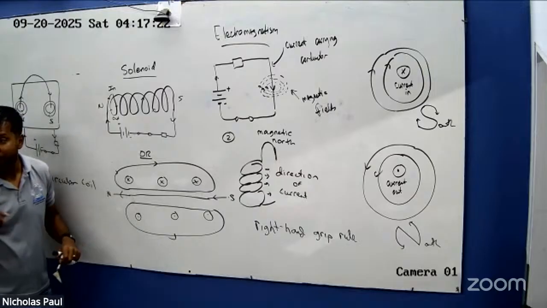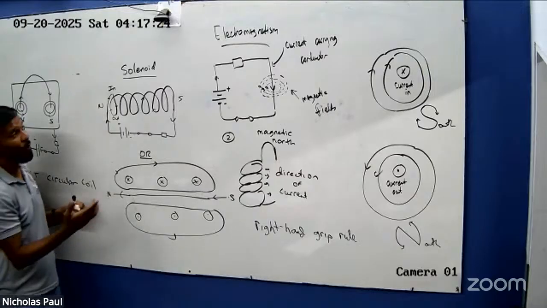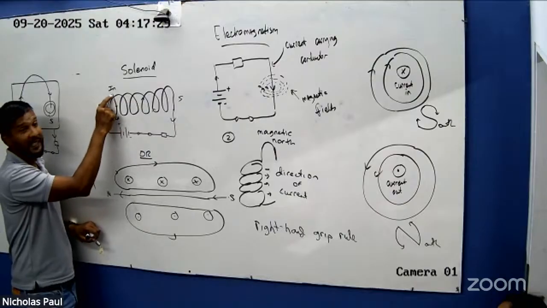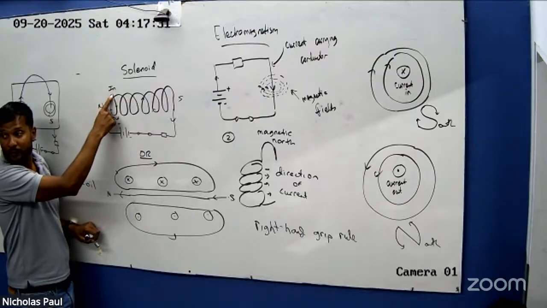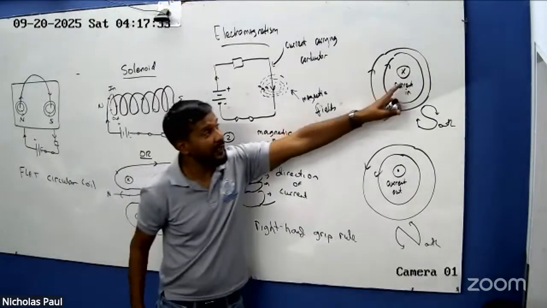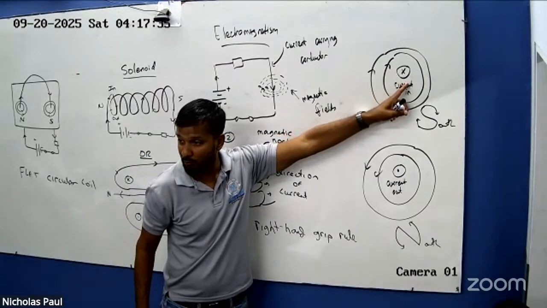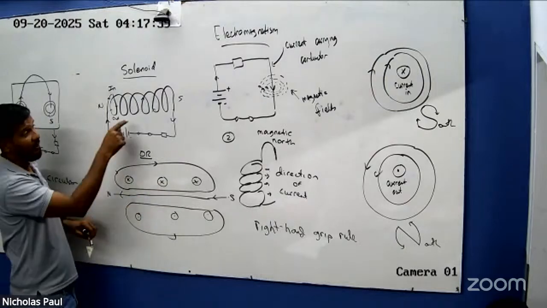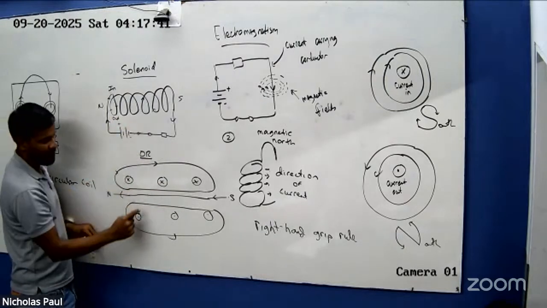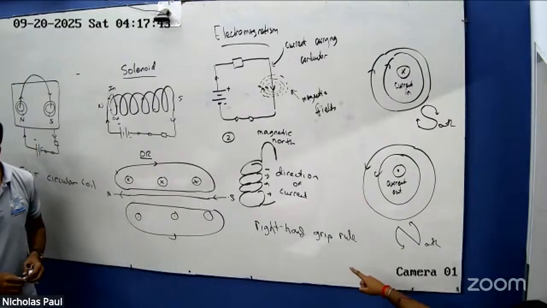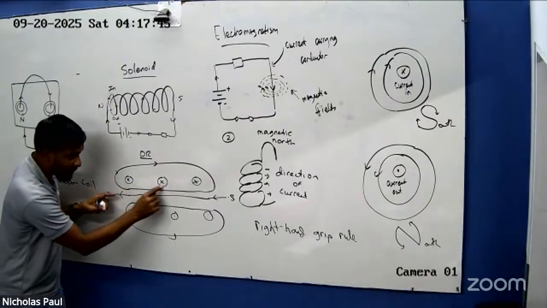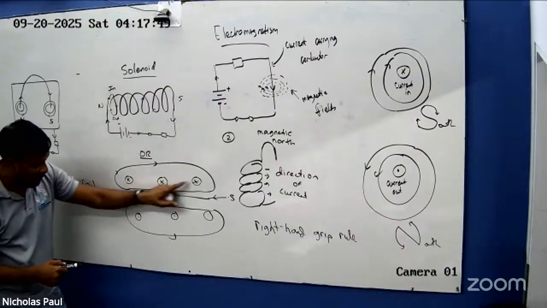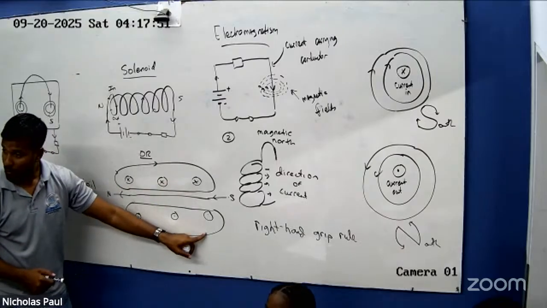And to simplify it further, instead of drawing this, we recognize current is always going in at the top, and we know that current going in carries this symbol. So I draw X's on top, and underneath, current coming out, so I draw circles. So this here, without the field lines, is a solenoid.